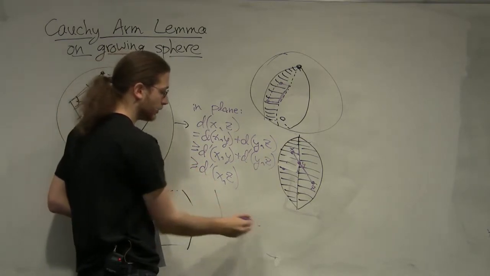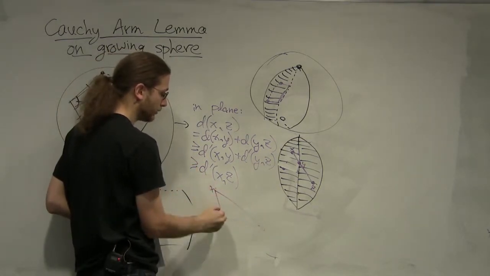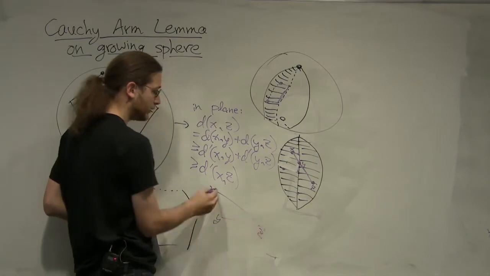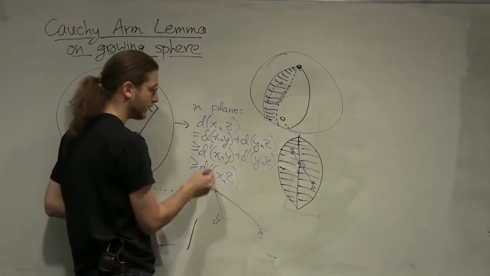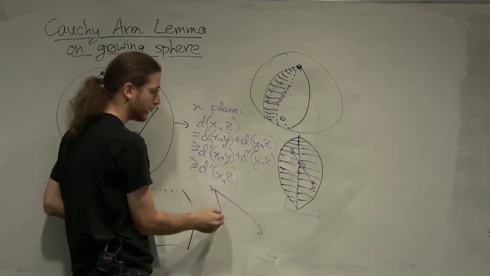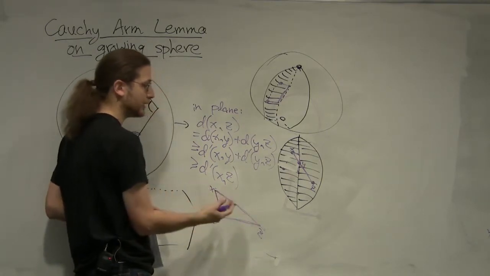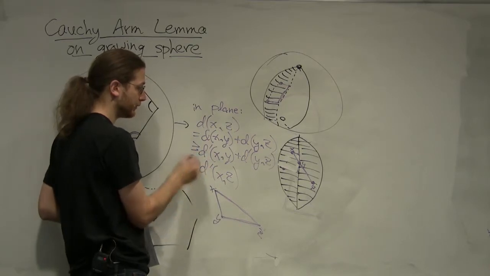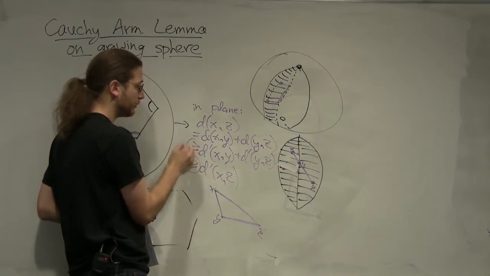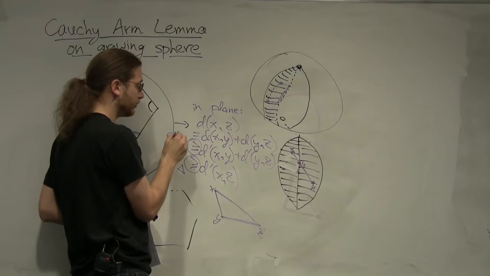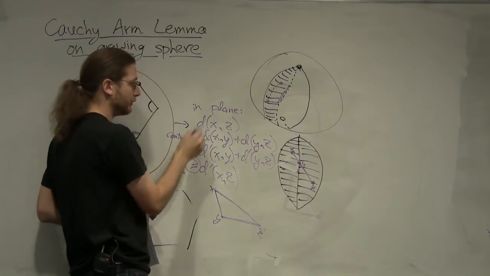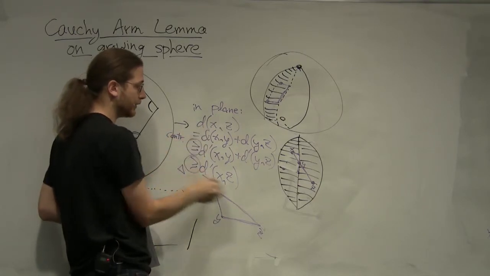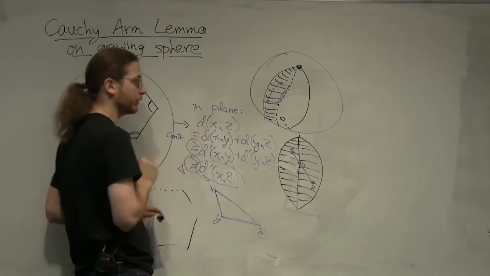If you have a triangle x, y, z, the distance from x to z is always at most the distance from x to y plus the distance from y to z. That holds in any metric space. So in particular, it holds on the sphere. So this is sort of trivial. This is the triangle inequality. And this was the contractiveness that we already proved. And this is just equal. And so we get that the new distance is a contraction of the old distance.